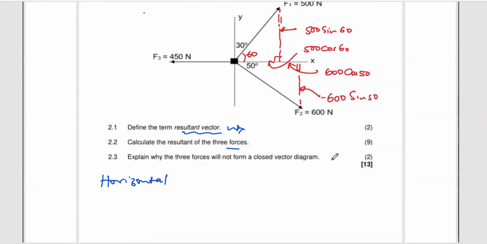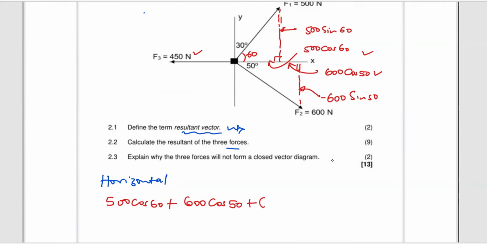So with the horizontal, I'm seeing this, that, and the 450. So meaning that I'll have the 500 cos of 60 plus the 600 cos of 50.